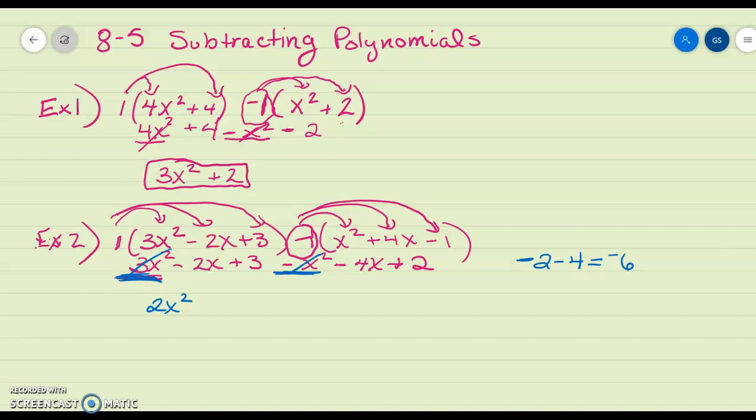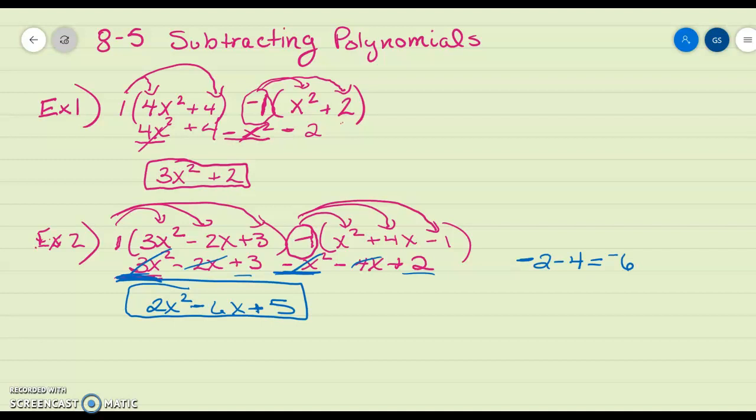It's like being down 2 and then going down another 4. So negative 6x. And then we have the last two terms, and that's a 3 and a 2, so that's a 5. 3 plus 2 is 5. And that's how you do example number 2. Okay, so not so bad, I don't think. Distribute the negative 1, combine like terms, and put in standard form.